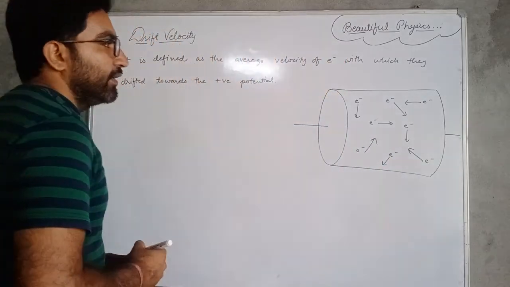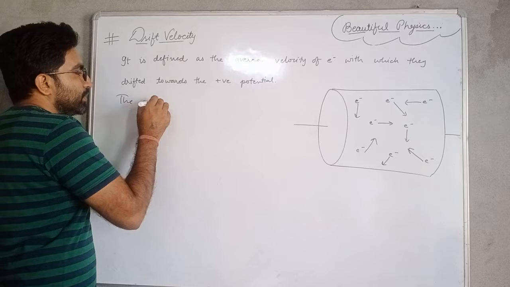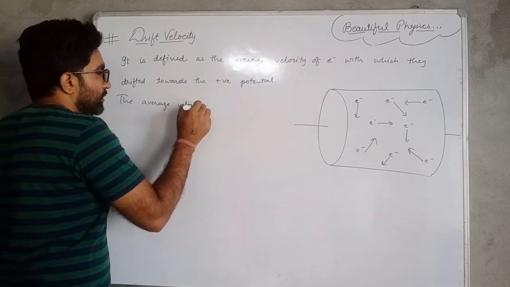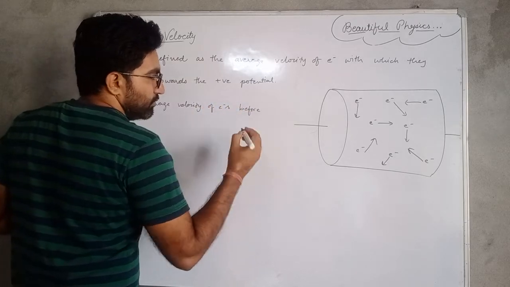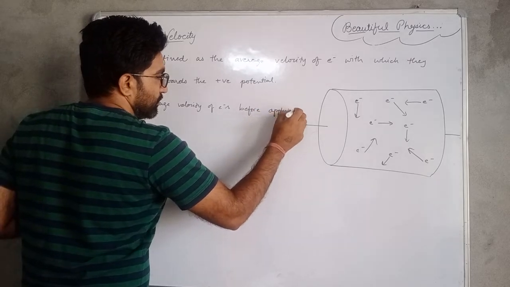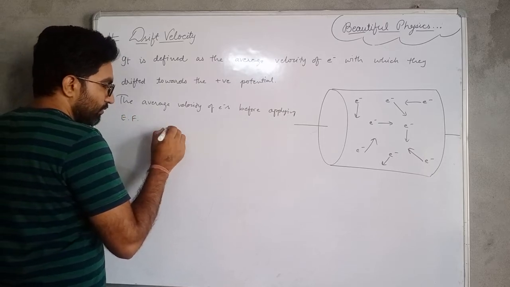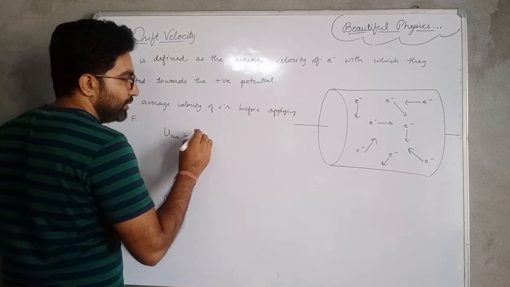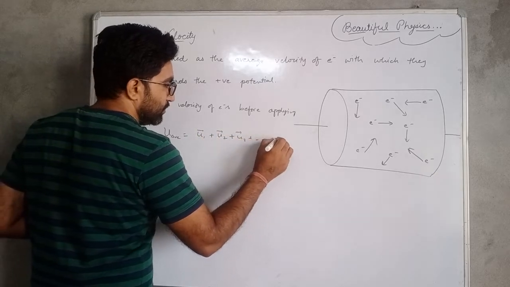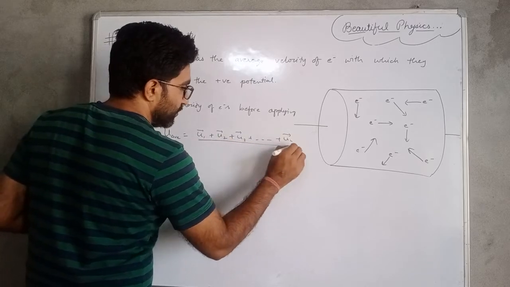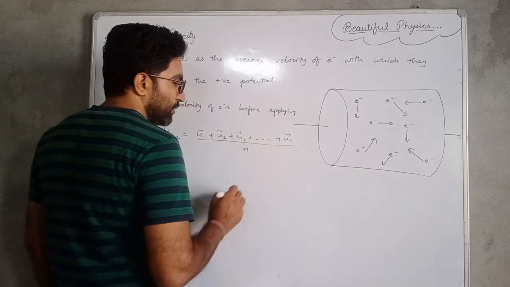Okay, so their average velocity, if I am writing the average velocity of electrons before applying electric field, it will be U average, and U average will be equal to U1 plus U2 plus U3 up to UN, if the conductor has n number of electrons, divided by the number of electrons.